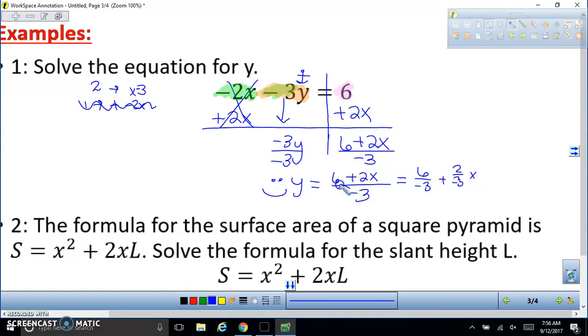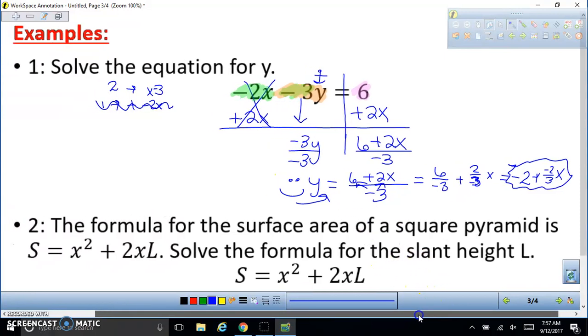All I did was make sure I divided everything in my numerator by negative 3, and it can still be simplified. 6 divided by negative 3 is negative 2, plus, leave this as negative 2/3 x. The negative sign doesn't matter if it's in the numerator or denominator, it means the same thing. Okay, this is complete. Baby step though. I'm happy if you can get here. This is my happy place.